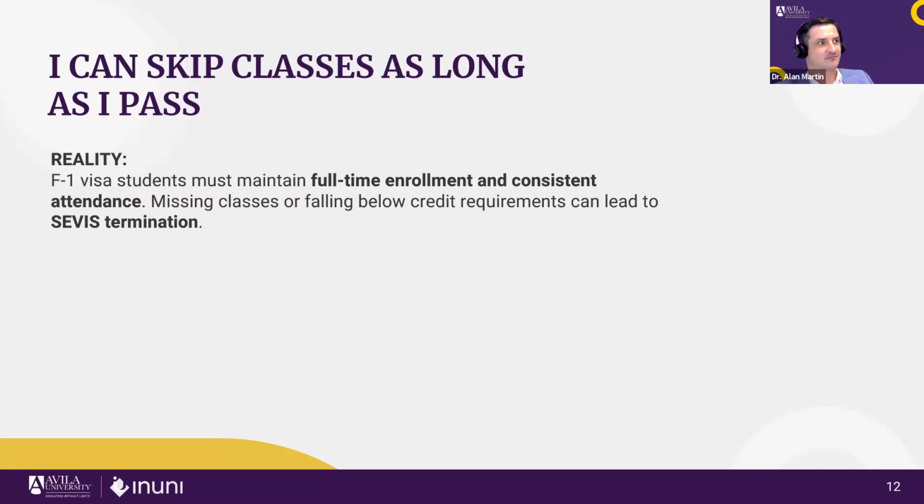Everything was different during COVID, but it has since gone back to the way it was before, where there is a requirement as part of being an F1 student that's given by USCIS. It's not an Avila requirement, it's a US government one, that F1 students have to be in seat for a certain amount of time each semester. That means there are maybe some classes that can be done online, but the majority, or at least a certain amount of required hours, are meant to be in class.